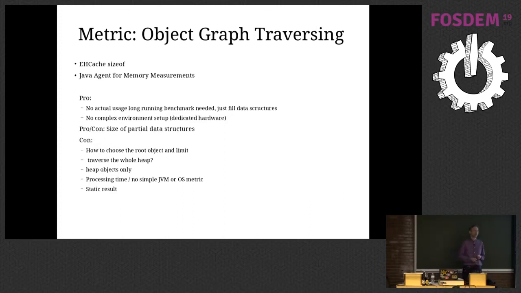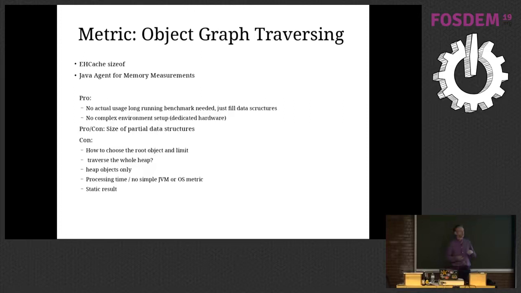You give those libraries a root object, and then they do a depth scan into the object hierarchy via the references, and then there is some magic, sometimes with Unsafe, to get the size of an object. This is summed up, and then you have a result.